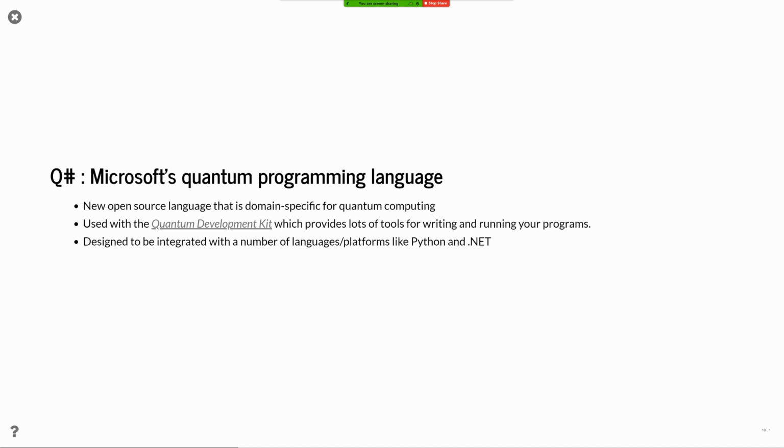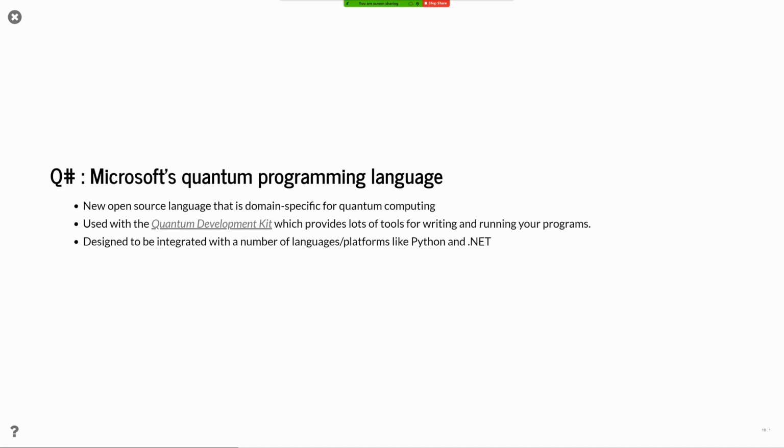Q# is also designed to be integrated with a number of other languages and platforms like Python and .NET. What that means, like I was just saying, given that quantum computing is likely going to be a hardware accelerator, is you can run your Q# as a subroutine for a program in Python or in any other .NET language.